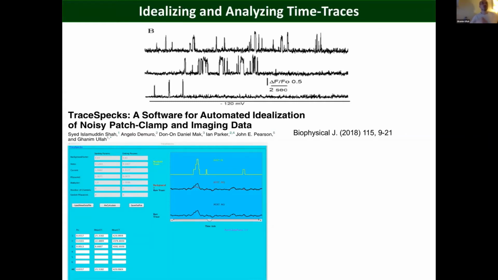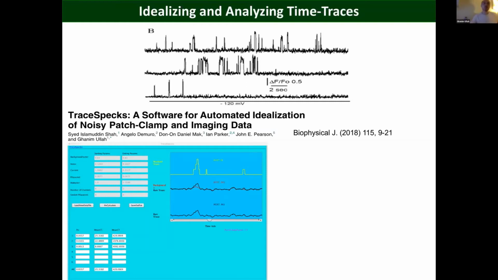In one conductance level they would be bringing in less calcium, and in the next one they will be bringing more calcium and so on. So we need to remove this noise and idealize these traces, so we could just look at the conductance level in which these pores are.